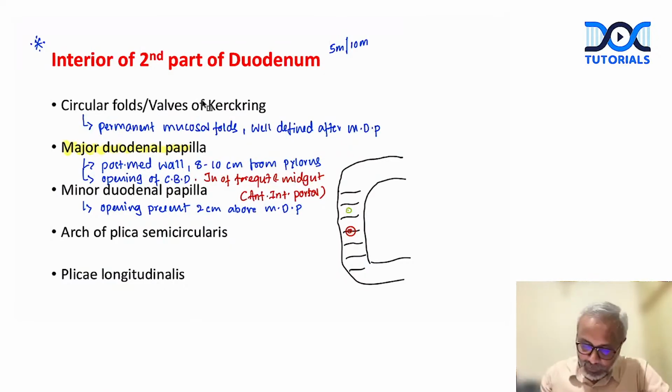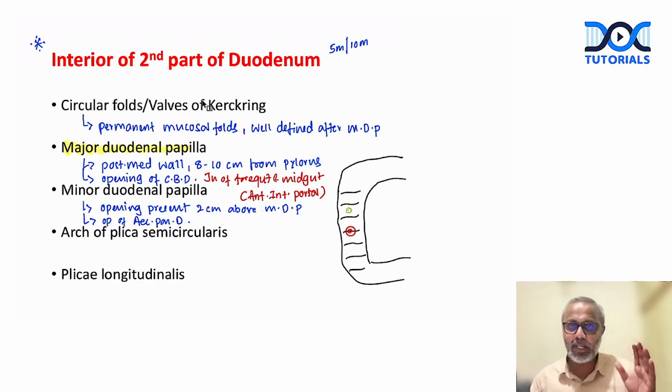Remember, this represents the opening of the accessory pancreatic duct. The major duodenal papilla represents the common bile duct opening and the anterior intestinal portal, whereas the minor duodenal papilla represents the opening of the accessory pancreatic duct. Then the fourth feature.